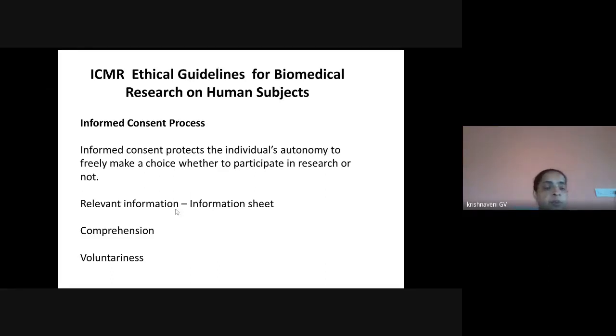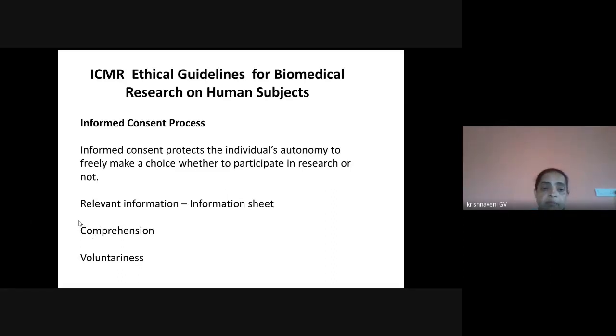So it should be not only in the language that the participant understands, but it should use the words and terminologies that help them understand the information. Mind you, all this information is mostly scientific, so they may not understand the scientific terminologies. So you should make sure that they understand everything properly. So comprehension is very important.